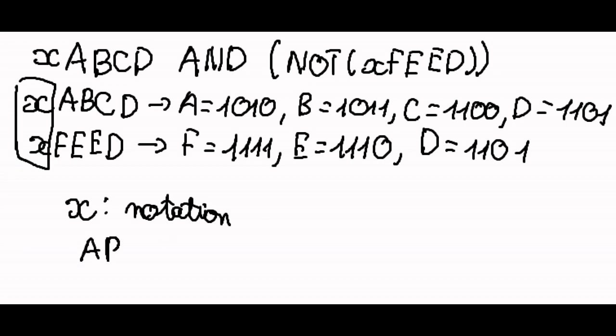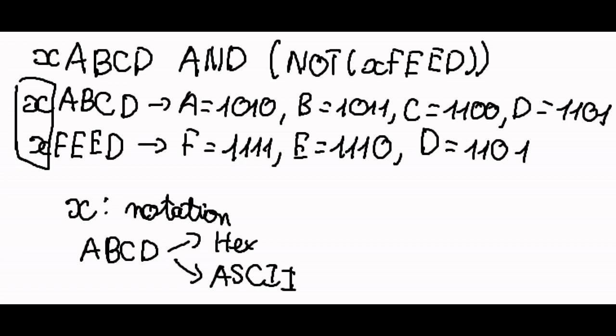We could just write ABCD, but it could maybe mean hexadecimal, maybe it could mean ASCII. We don't know that. The computer doesn't know that. That's why we need the notation to represent that this string ABCD is hexadecimal. Hence the X at the leftmost position. It could also be written as 0x, though in this exercise it's just X.